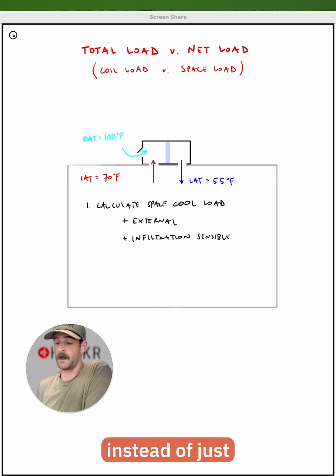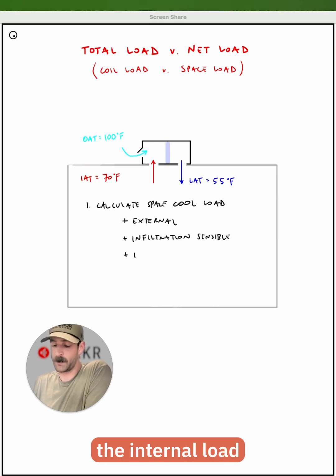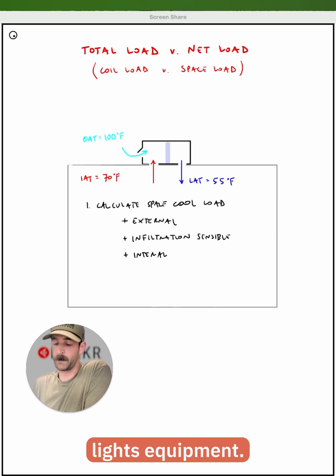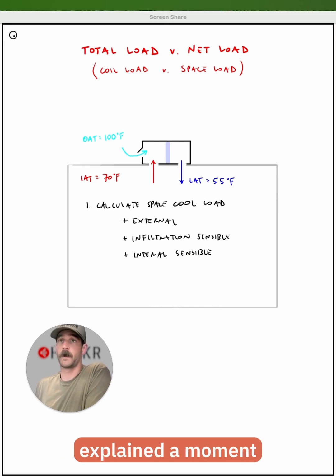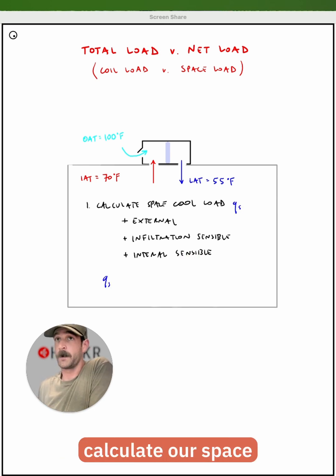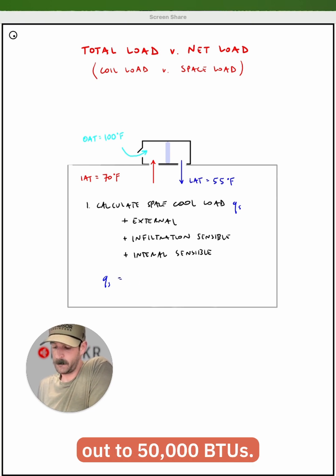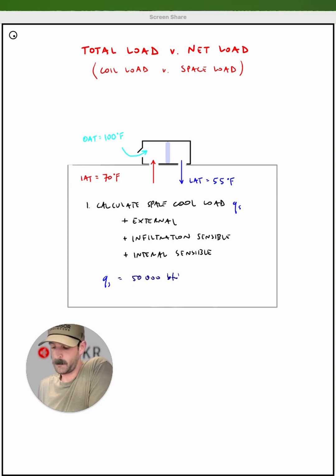And this time, instead of just external and infiltration sensible, we'll also be including the internal load component from people, lights, equipment. And again, it's the sensible portion we're concerned about because of what I explained a moment ago. We're going to calculate our space sensible cooling using these components. Let's say that comes out to 50,000 BTUs.